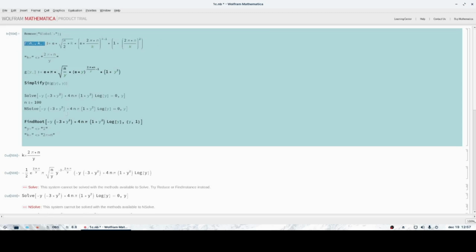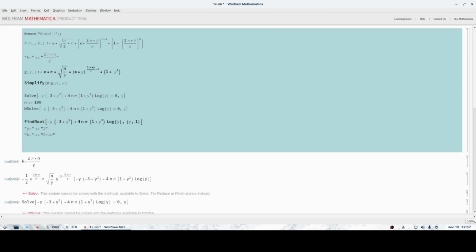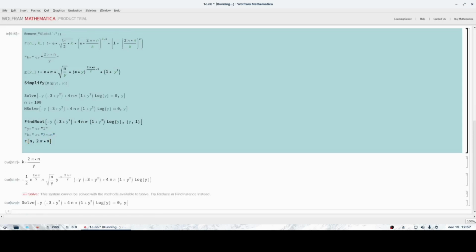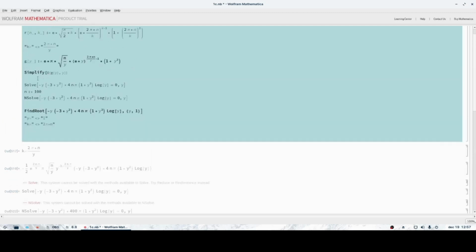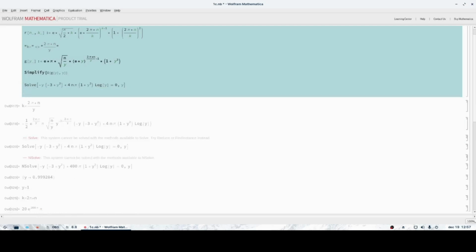So how much is this value of the function? Yes, okay, I can't set n here. I'm deleting all this.